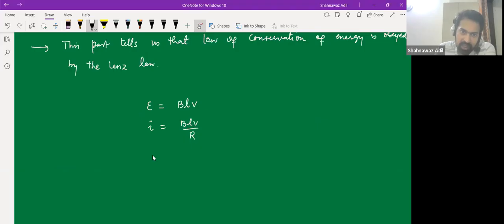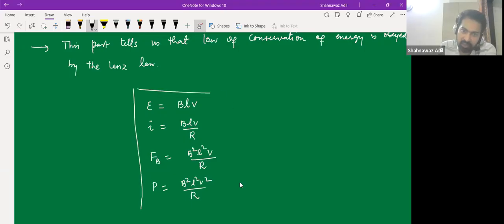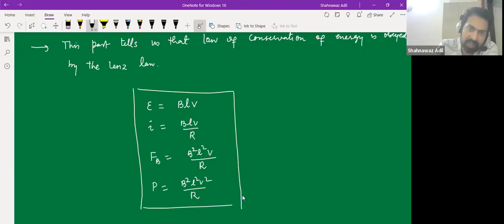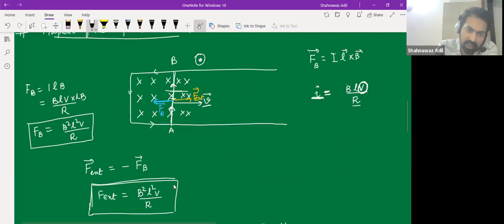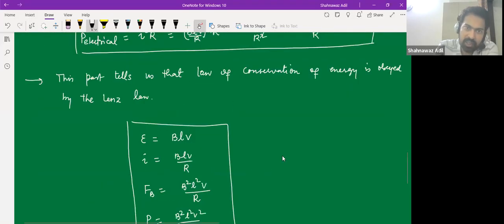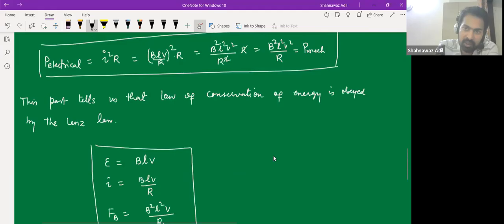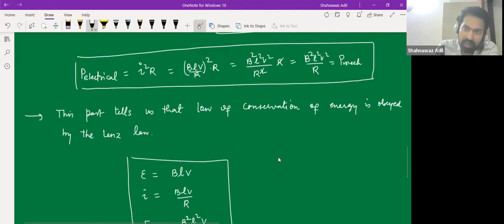And the magnetic force is B square L square V by R. And power is B square L square V square by R. So these are the four things that we have to remember in motion. Please note it down, and I will skip the questions because I have less time.